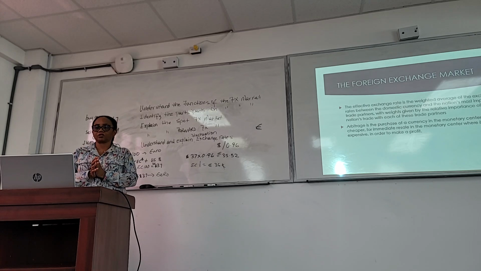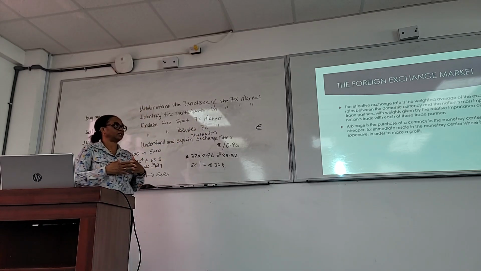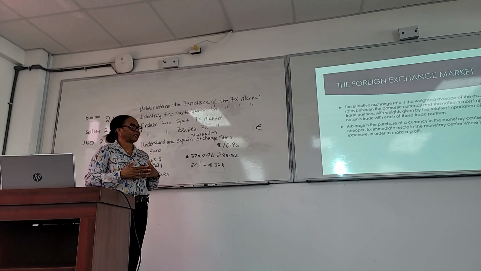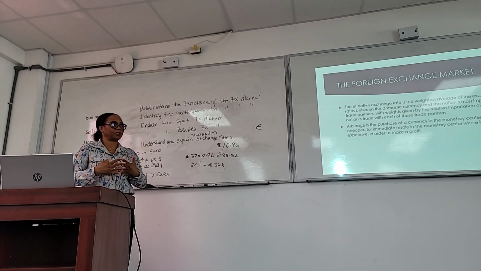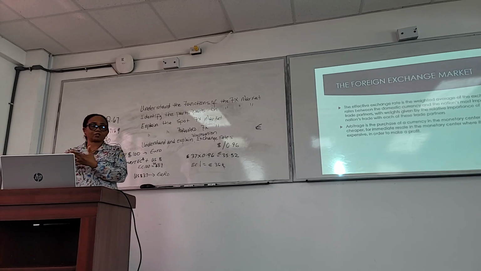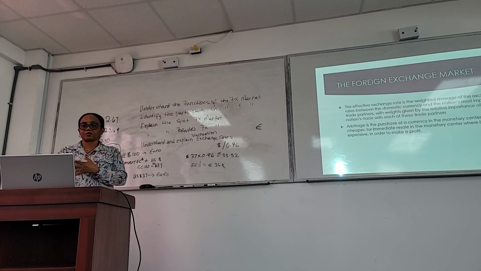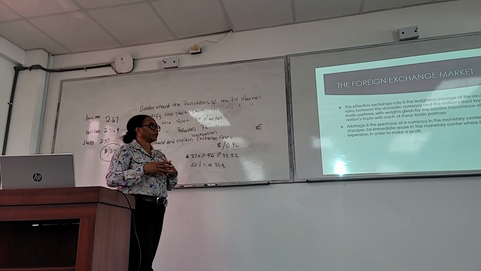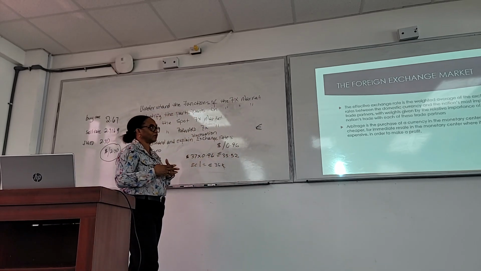So arbitrage refers to the purchase of a currency in the monetary center. And when we talk about the monetary center, we're talking about some place like London, which is considered a monetary center, or the United States, where it is cheaper for immediate resale in the monetary center.